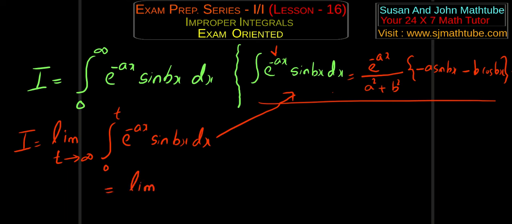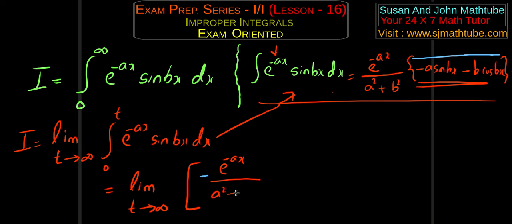So we get limit t tends to infinity. Look at this, there is this minus coming outside. I think you're able to see that minus coming outside. So I'm going to put that minus here. Minus e power minus ax by a square plus b square and a sin bx plus b cos bx within the limits 0 to t.